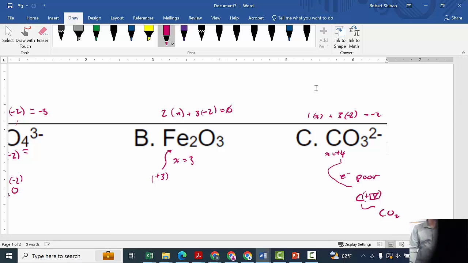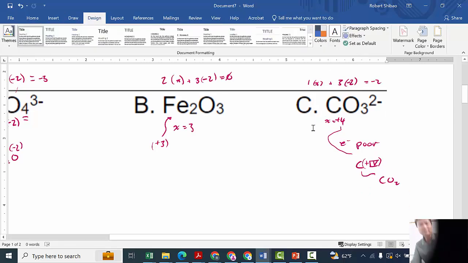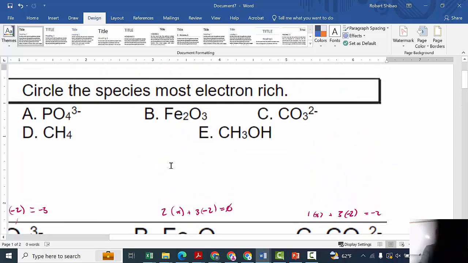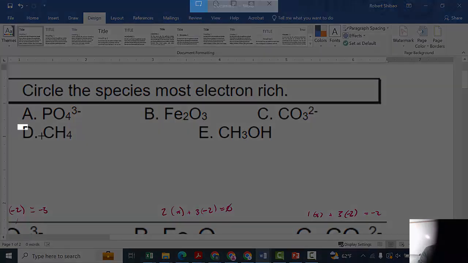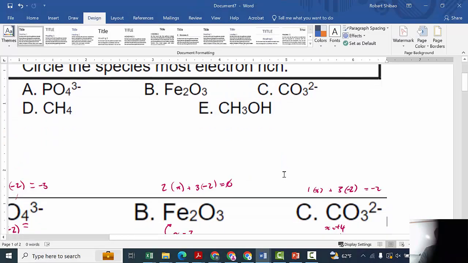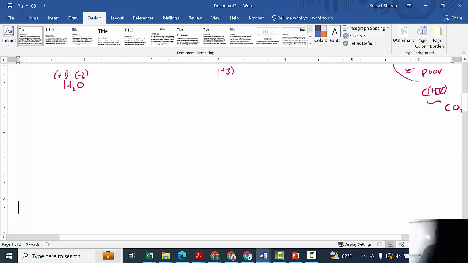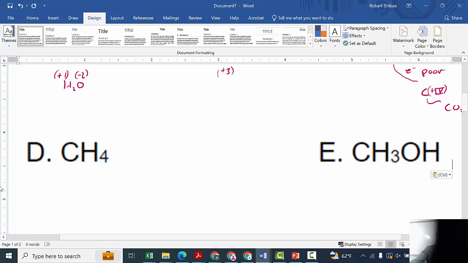So far, we just have had electron poor species. Are there any electron rich species? I just need a little bit more room to write here. So now we're at this.